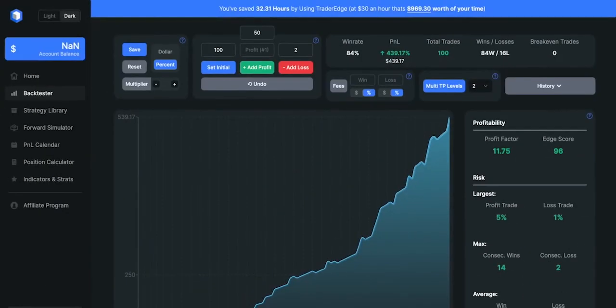So after taking 100 trades, the win rate for the strategy turned out to be 84%. This is literally the most accurate strategy on my channel.